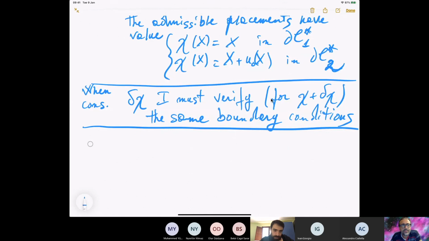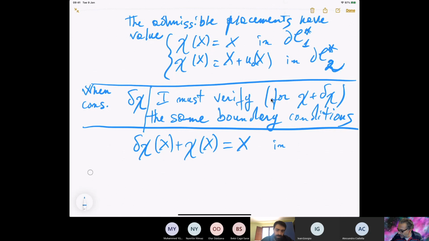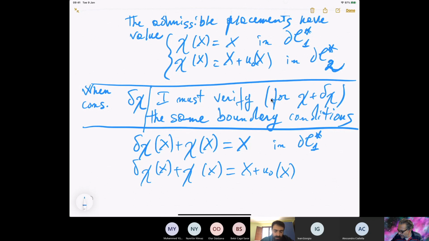So delta chi of x plus chi of x has to be equal to x in delta C star 1, and delta chi of x plus chi of x must be equal to x plus u0 of x in delta C star 2.